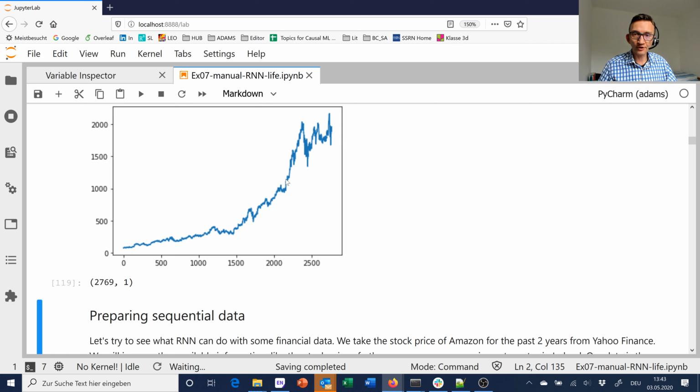And in order to make the forecasting task simpler, it's common practice to differentiate the time series. Instead of forecasting the price development, including the trend, we get rid of the trend by taking the first difference of the time series. That means that we take the closing price of a day t, subtract from that the closing price of the day t minus 1, and that way we can get rid of the trend.